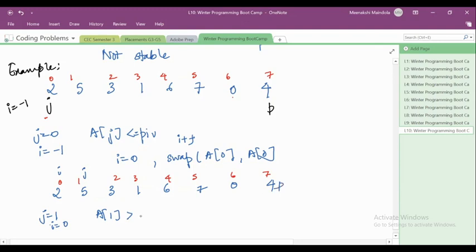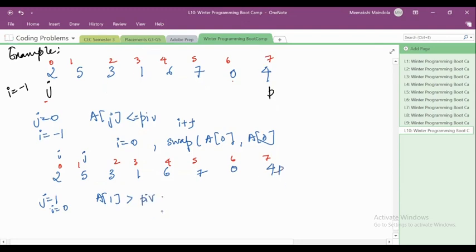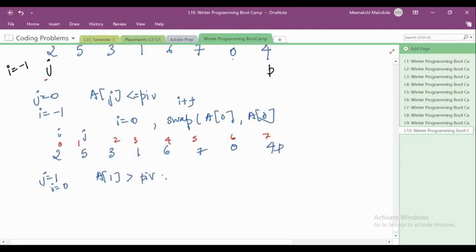This is the pivot element, right? So what happens in this case? You do nothing, you just go ahead and simply change the value of j. You go with j is equal to 2, so j reaches here.